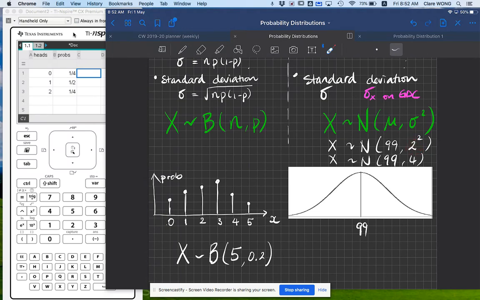Spread out like this. 99 minus 2, so 97 here. 99 plus 2, 101. So this is plus or minus 1 standard deviation away from the mean. Of course, then we have 2 standard deviations away, then 3 standard deviations away.